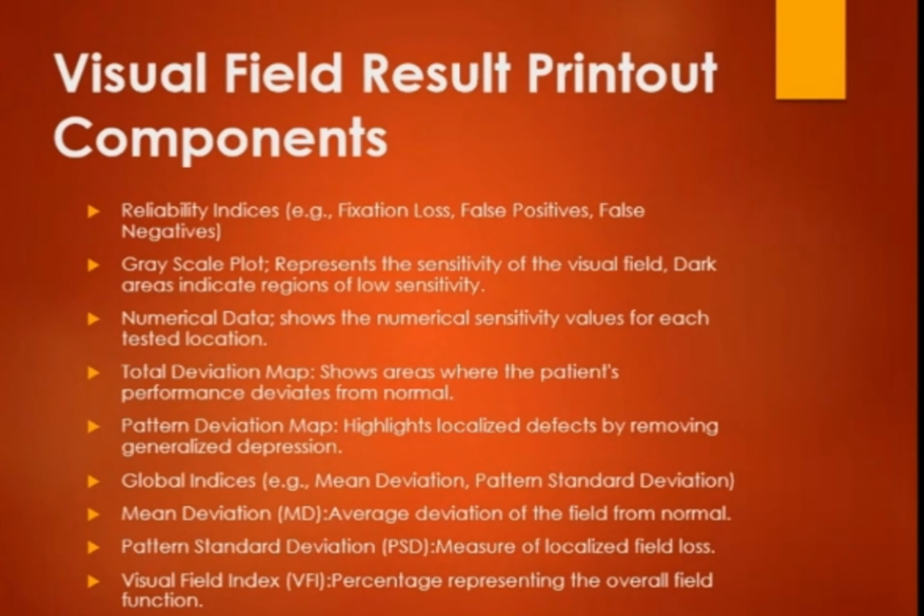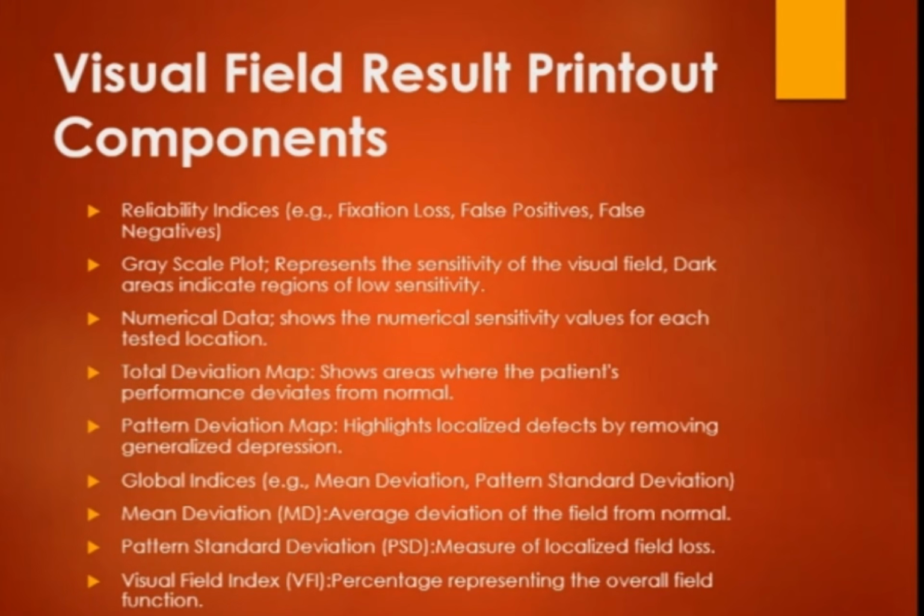While doing the test, the machine compares the person's sensitivity to the sensitivity of that person's age bracket in order to get the deviation, which we call the total deviation. So it shows us the areas where the patient's performance deviates from the normal, depending on that patient's age bracket and the data available for that particular age bracket.